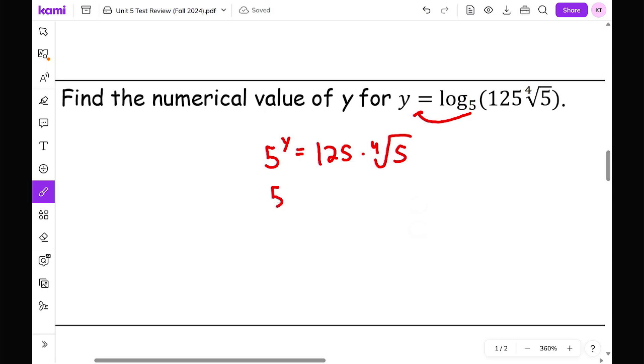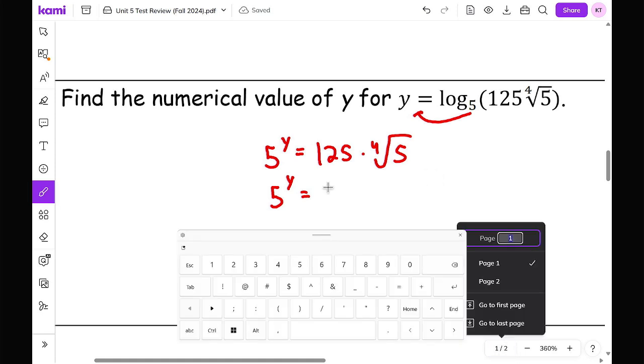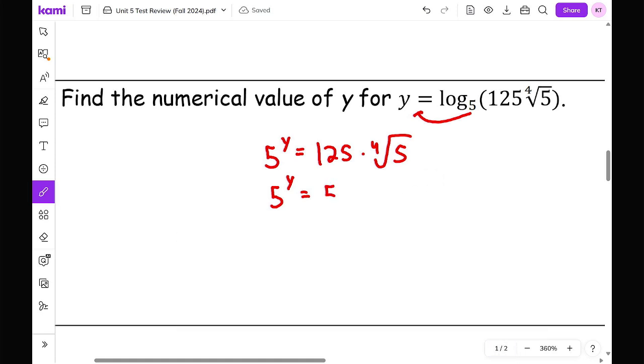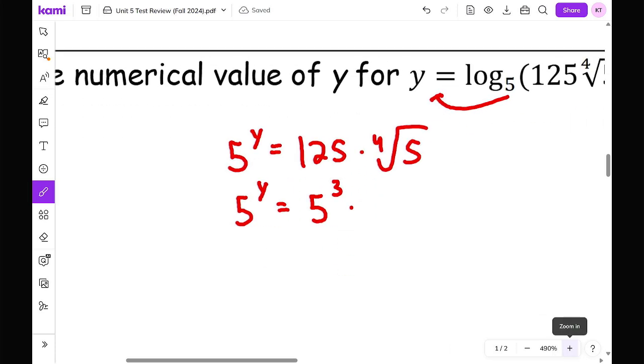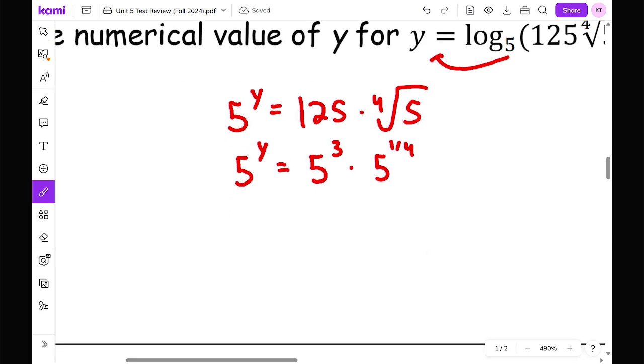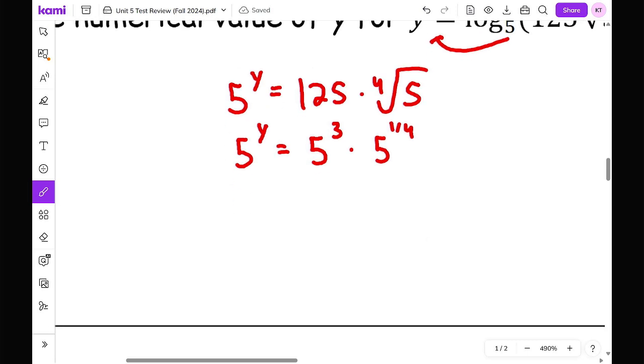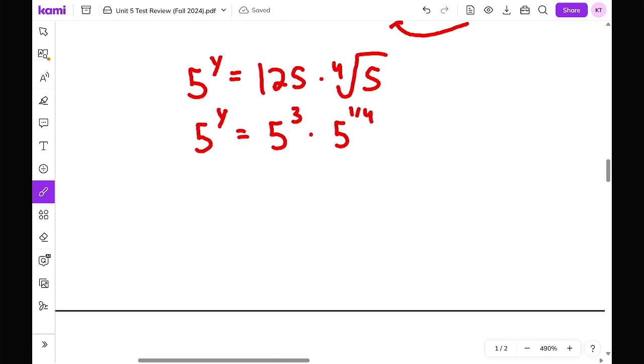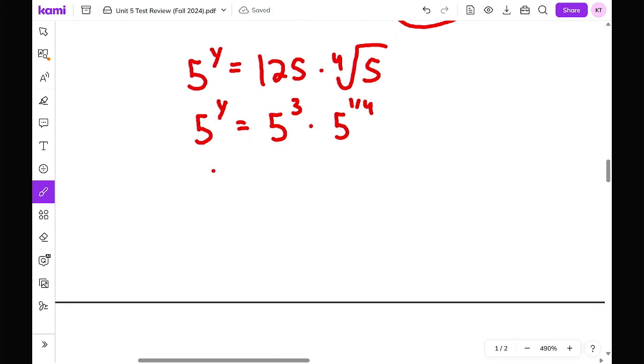So that will tell me 5 to the power y is equal to 125, which can be rewritten as 5 to the power of 3, times the fourth root of 5, which is the same thing as 5 to the power of 1/4. And now I have all of the same bases here. But if I use my product rule, if I multiply together 5 to the power of 3 and 5 to the power of 1/4, I'll just add my exponents together.